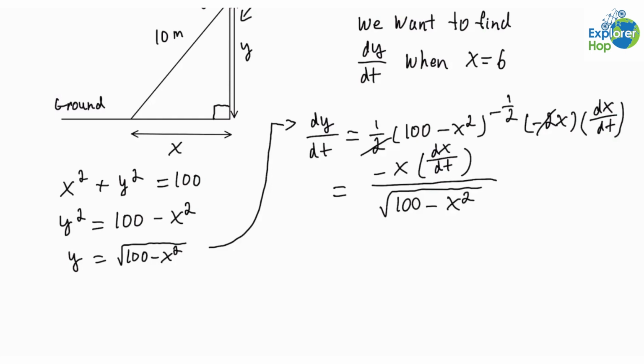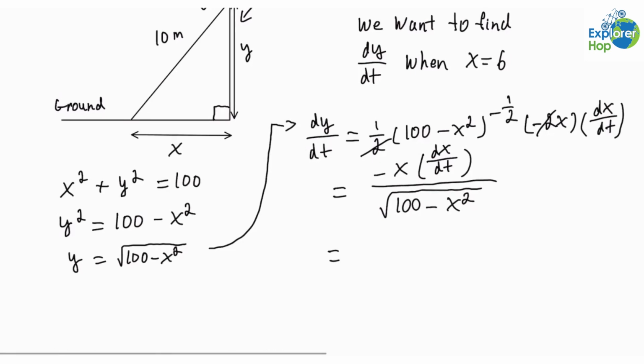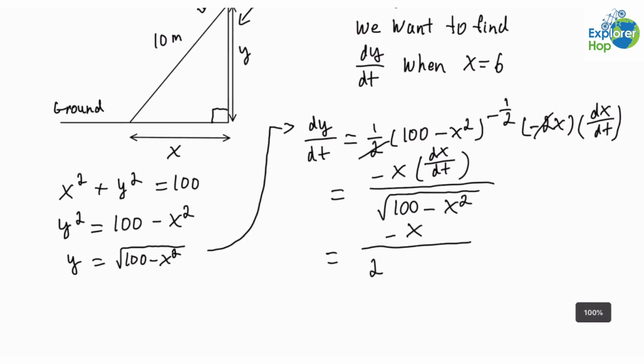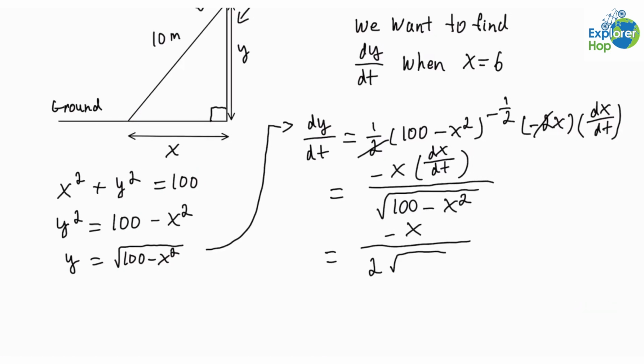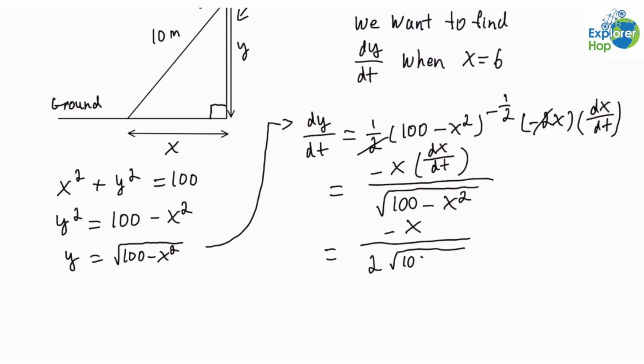Now, subbing in the derivative of x with respect to t, dx over dt, which we know is equal to 0.5 meters per second, or 1/2, we get that this is equal to negative x over 2 times the square root of 100 minus x squared.